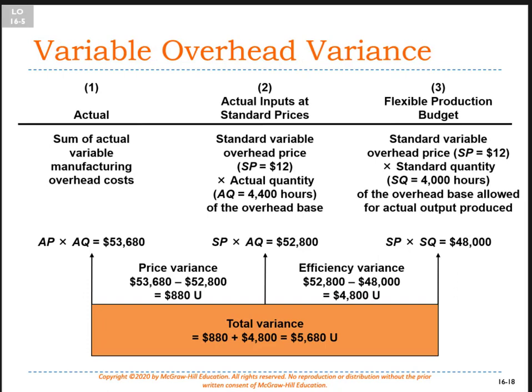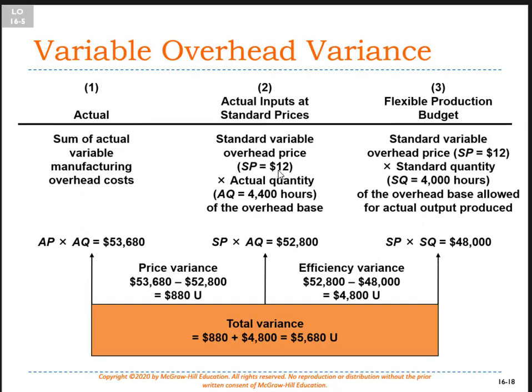Variable overhead. We would be given the actual overhead. If we're using multiple cost pools, we would have the costs in each of those cost pools. Okay, compare that to the standard price, which we decided was 12, and the number of hours or whatever the activity is that we're using as a cost driver.